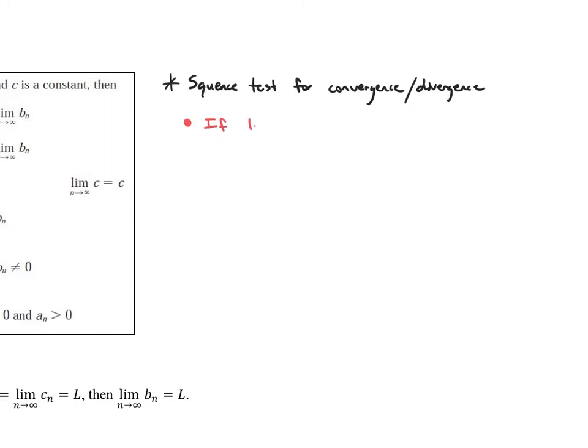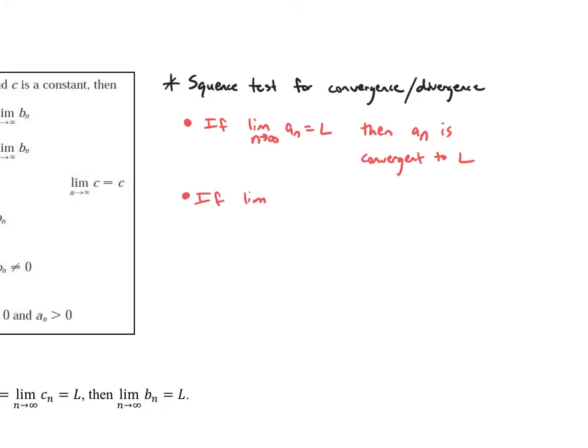So if the limit as n goes to infinity of a sub n is equal to L, then we can say the sequence is convergent to L. And I'll give you examples. I've already given you a couple of them.